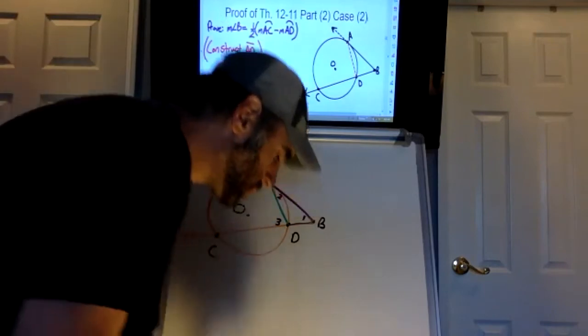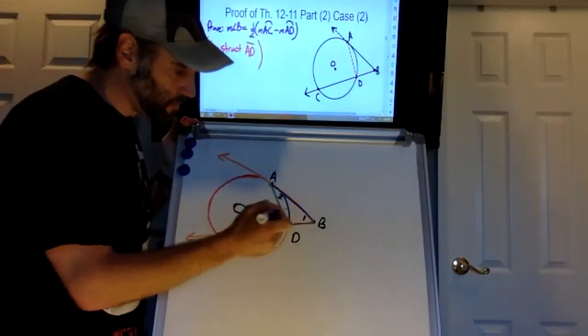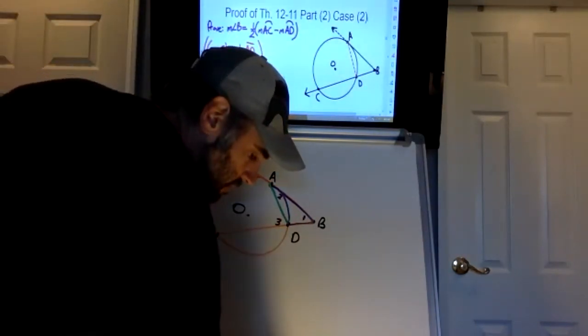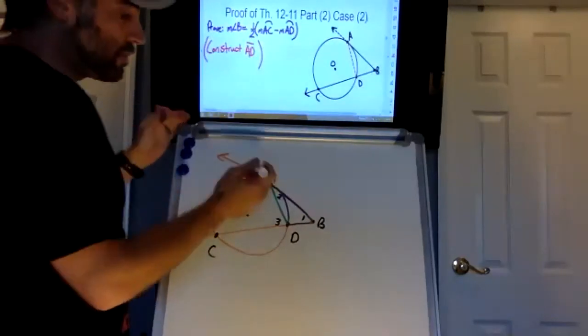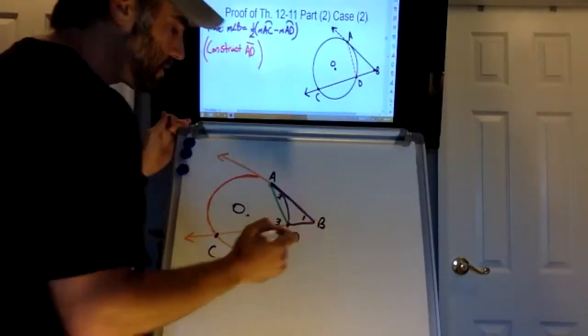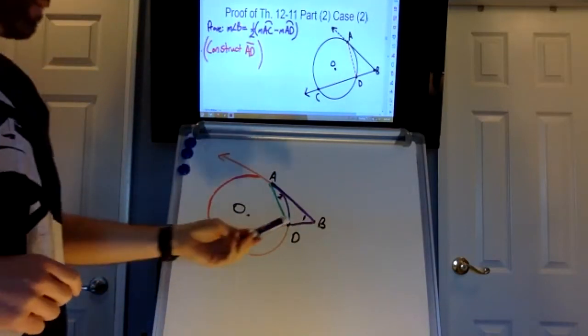Smaller one in blue. Hopefully the color coding makes this a little bit easier. And that theorem, the one that says it's half the intercepted arc, still holds true with the tangent.